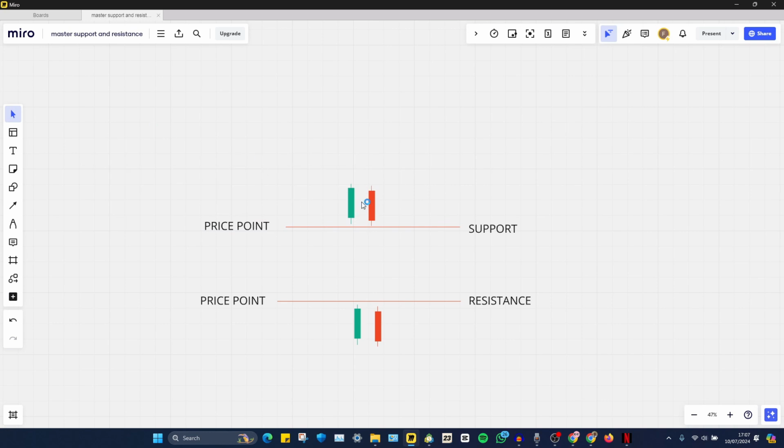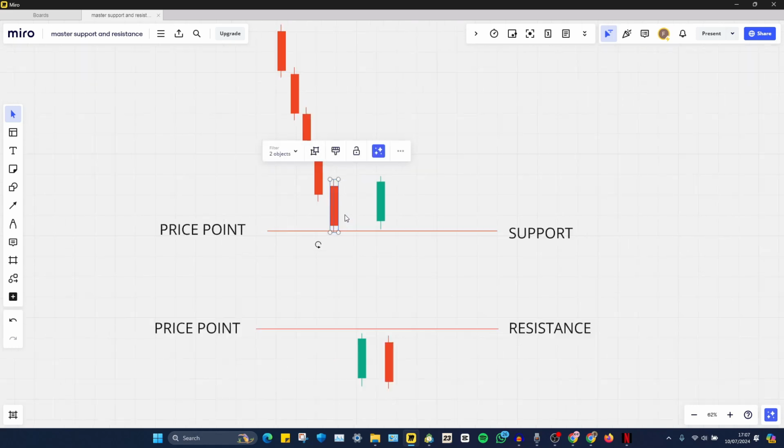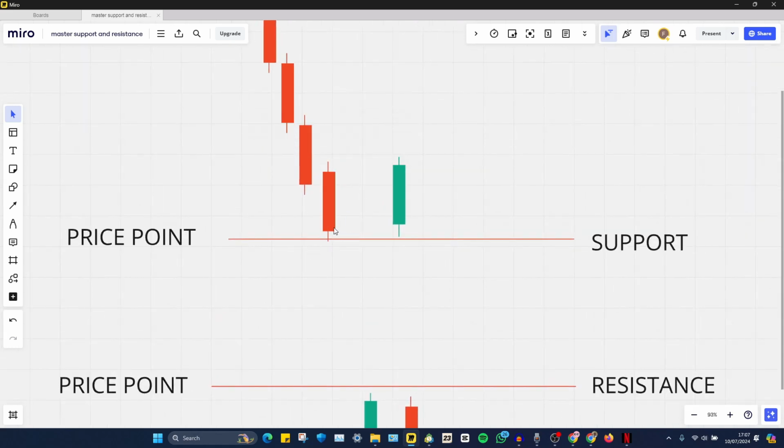Let's say in this specific market we have a downtrend, and the candles are coming this way, and suddenly the candle ends up like this instead.